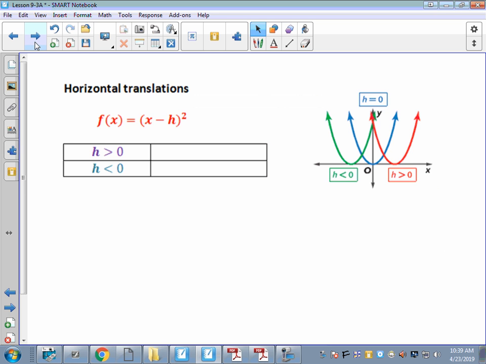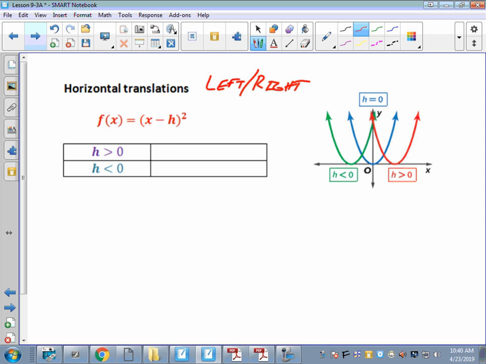Okay. The next type would be a horizontal translation. When we talk horizontal, we're speaking about left and right. In this case, we're dealing with the form f of x equals (x minus h) squared. This one's a little bit tricky because you kind of have to look at it in terms of opposites.